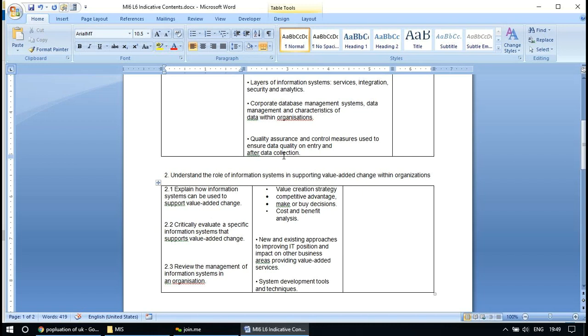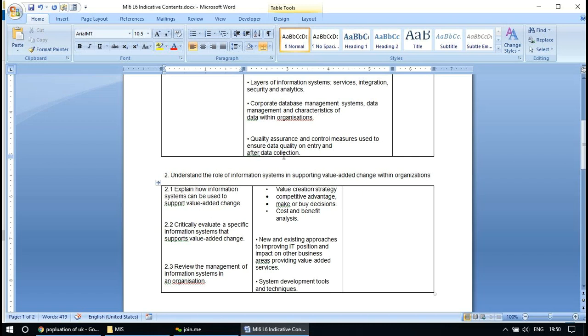Did you get the chance to have a look at value creation? The topics for today's discussion are value creation, competitive advantage, make or buy decisions, cost and benefit analysis.